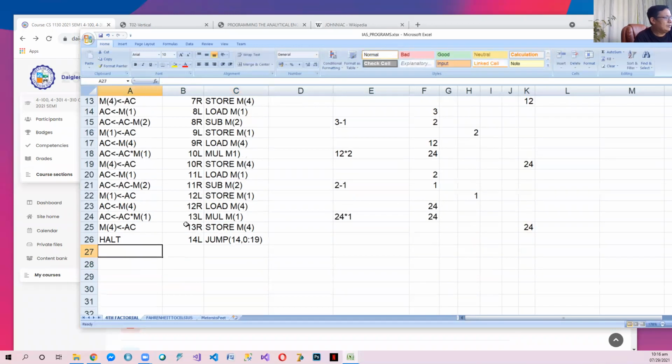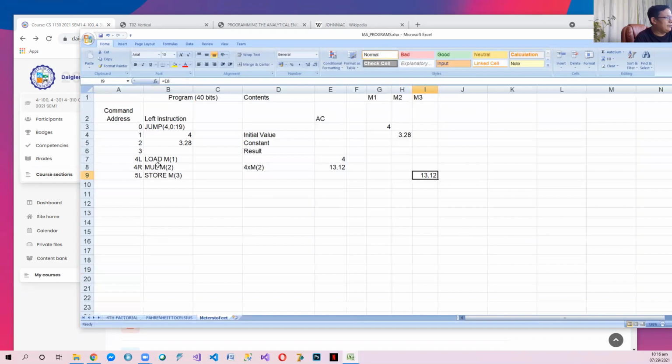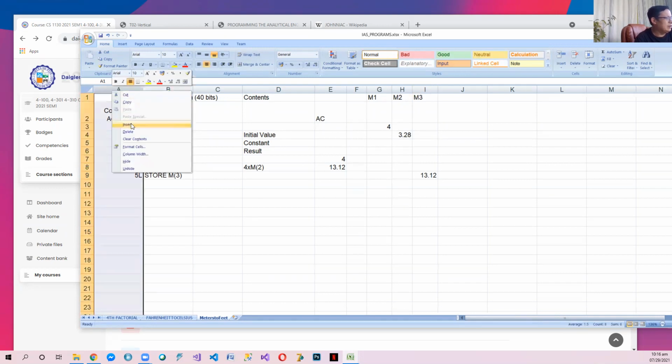You follow? Meters to feet. It's easy, isn't it? How do you do that? For 4 meters, we just multiply this with 0.328, so we'll just jump to the 4L. Load M1, so AC receives 4, and then mul M2, we multiply it by 3 point, and then we store it to M3, M3 being our result.